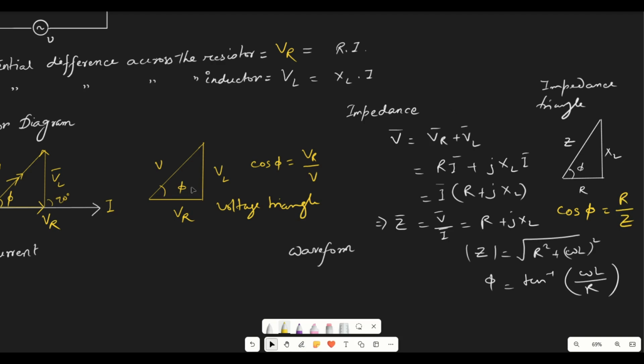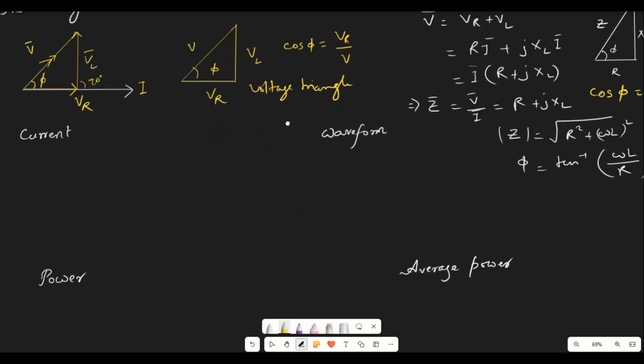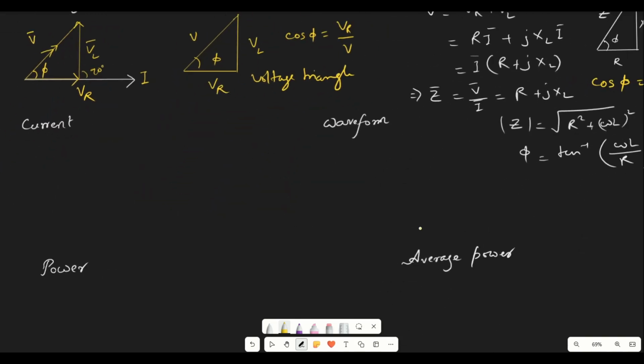Okay, now moving on to the other components. First is the current. As we already know, the voltage is V equals Vm sin omega t.